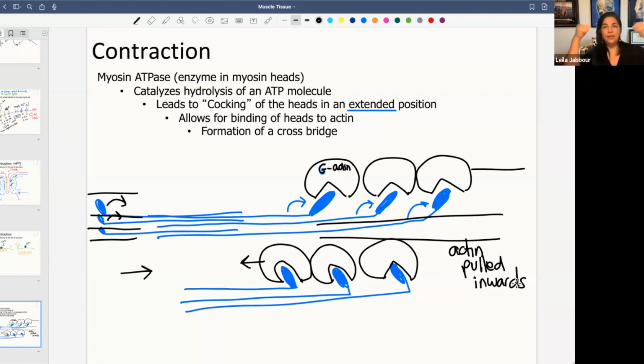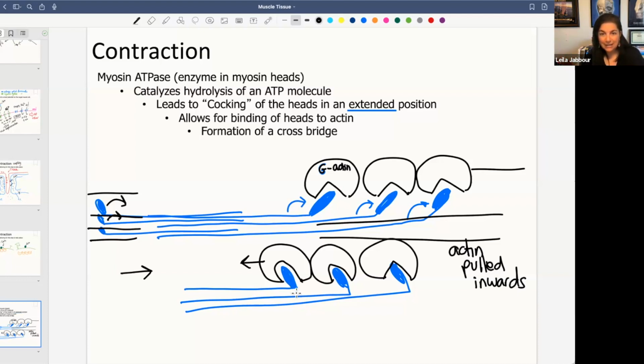So we have the extended positions, clipping on the G-actin, the flexing of the heads, then you have unclipping of the heads, and then you have the ATPase that will provide the energy to re-extend those heads and put them in the cocked position.